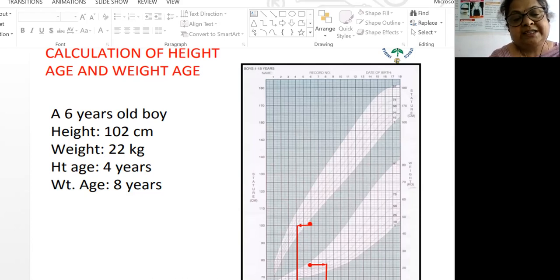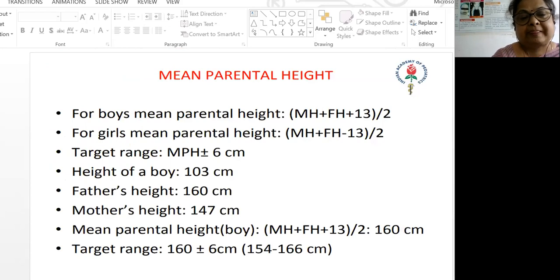So his height age is 4 years. Although his age is 6 years, his height age is 4 years. And weight age is 8 years, because when we plot the weight, it falls at 8 years of age. So his height is less than his actual age, but his weight is more than his actual age. That is the weight age.